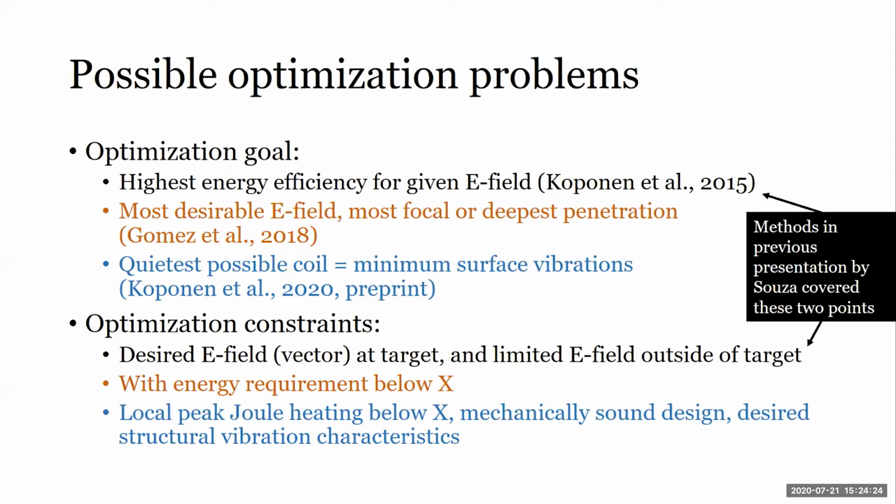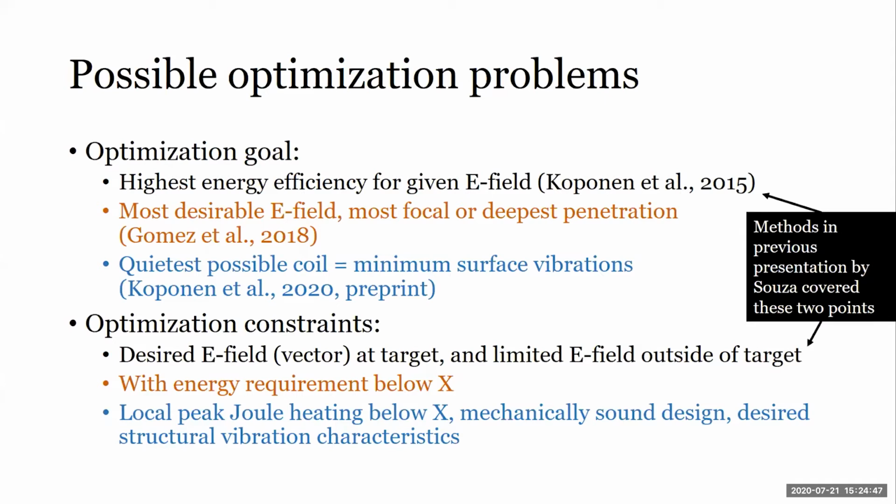So you can omit that difference if you are designing coils for magnetic fields and not electric fields. It's just that our fields are slightly more hard to control for desired properties, and that's why our desired properties are slightly simpler than for those who design for magnetic fields.